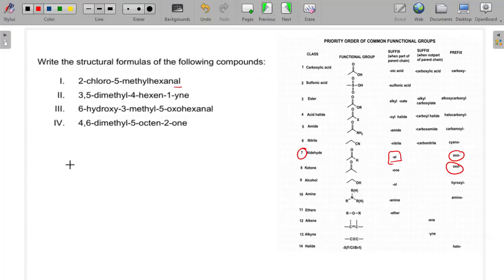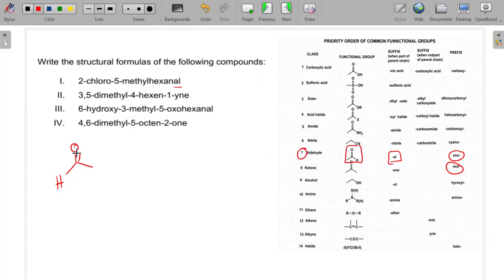So let's draw that. You know that the functional group of an aldehyde is going to look like this. This is a hydrogen. We're going to have a carbon which is double bonded to oxygen like that. You can see this is the functional group that we are talking about here.